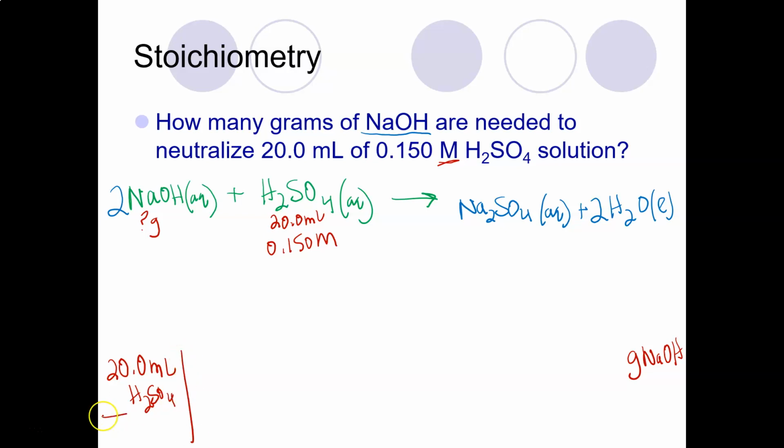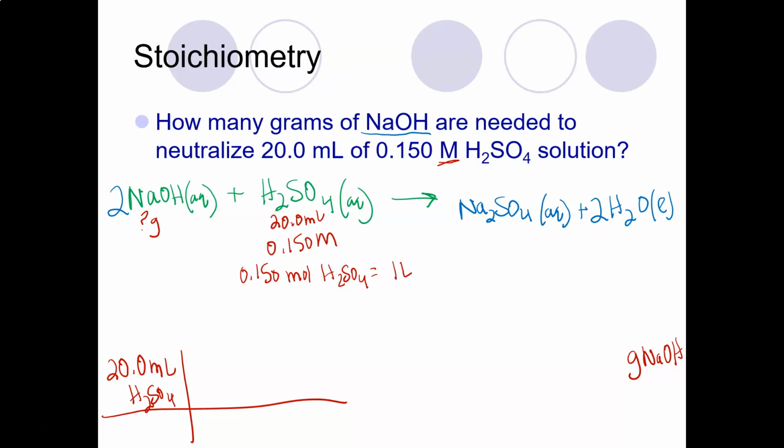And I'm just going to get myself ready to do calculations. So I know step 1 is going to be to cancel out milliliters. Well, right now, I don't see any unit factors at all. So I'm going to take my molarity and rewrite it the way that I recognize. 0.150 molarity means 0.150 moles of H2SO4 is equal to 1 liter of the H2SO4 solution.